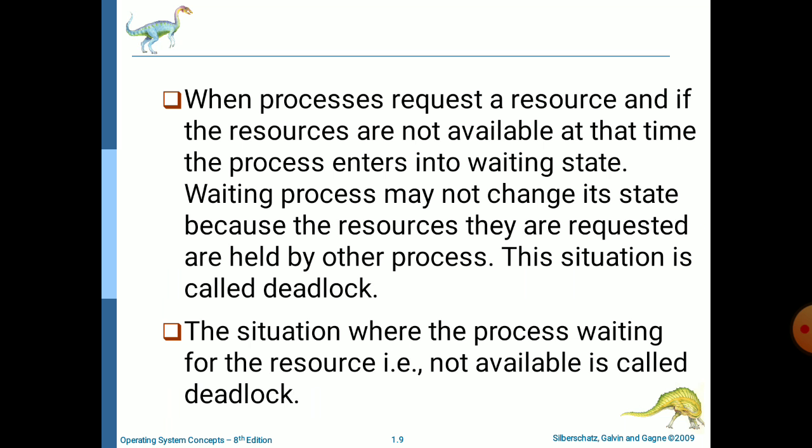This situation is called deadlock, which means that the process waiting for another resource will not get it at all. The situation where a process is waiting for a resource that is not available is called deadlock.